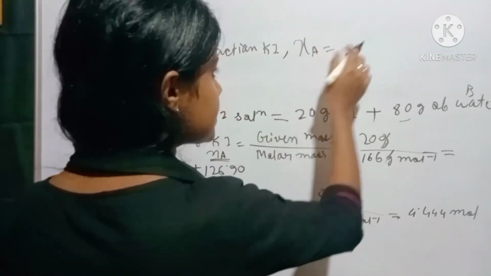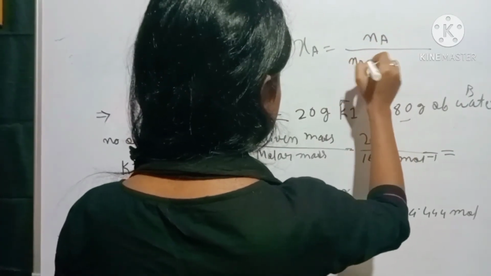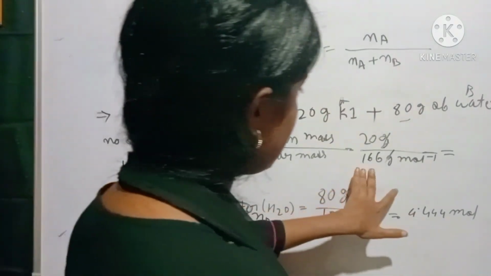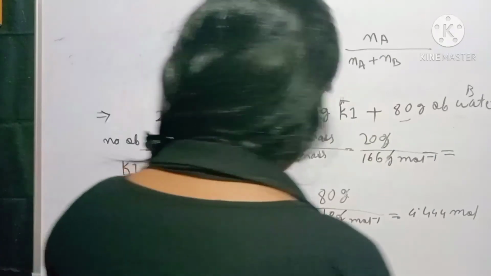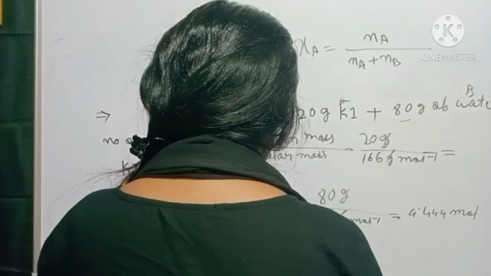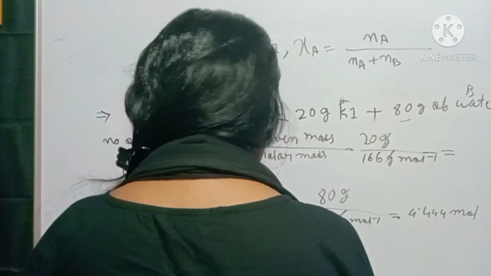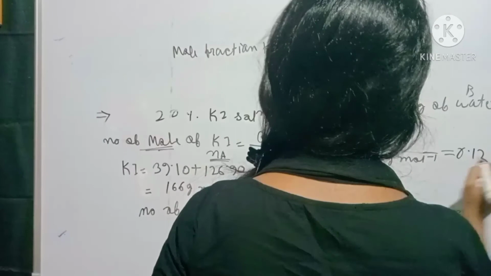If we calculate XA, the formula is nA divided by the total moles, nA plus nB. The value of nA is 20 divided by 166, so it will be 0.12.